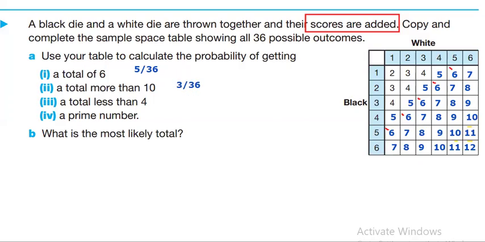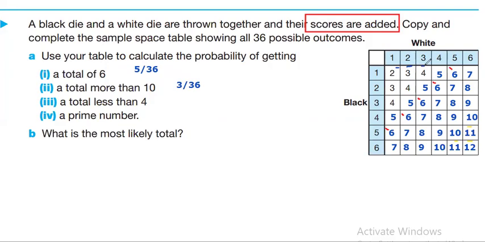Now, a total less than 4. This means we don't count the fours because they want what's less than 4. So let's count the ones less than 4 here. The ones less than 4 are 1, 2, 3.